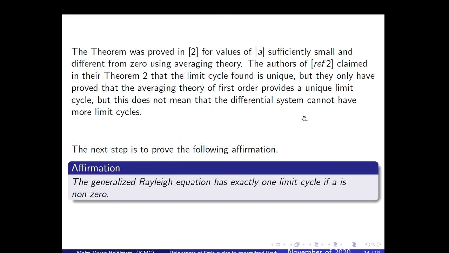But in the paper that I have already cited, the authors claim that this limit cycle is unique, but they don't really prove that because they use averaging theory, and averaging theory cannot prove that this limit cycle is unique.